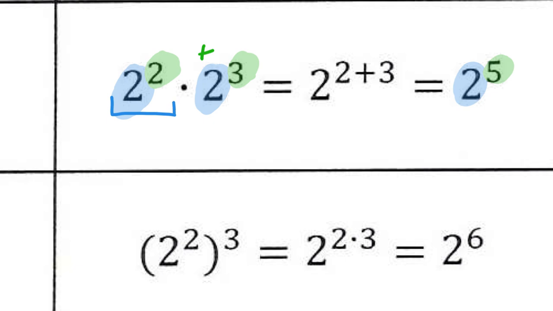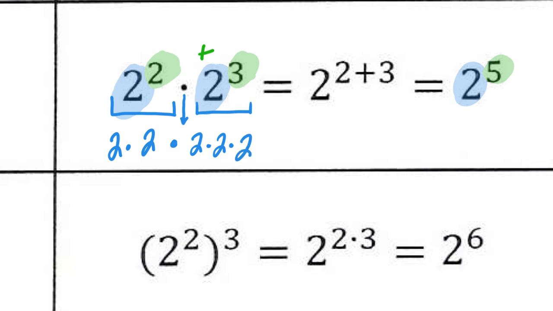It means that the base 2 will show up twice. So 2 squared can be written as 2 times 2. Then I have another multiplication, so quantity times a quantity. 2 to the third can be written as 2 that shows up 3 times.